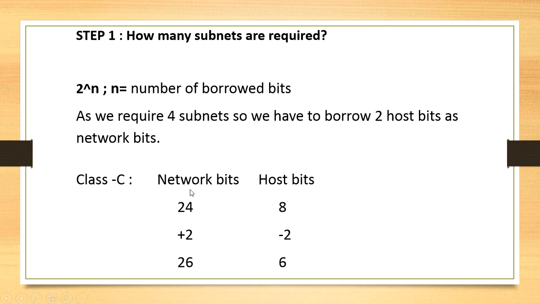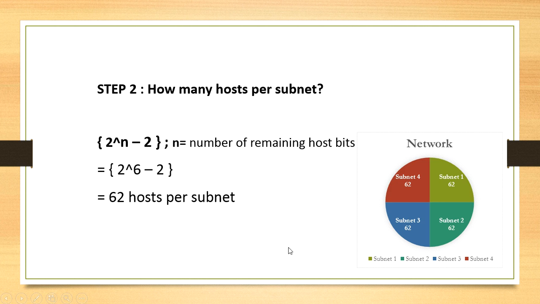The table says initially we had 24 bits as network and 8 bits as host. Now we borrowed 2 host bits as network bits. After that, the total number of network bits becomes 26 and the remaining number of host bits becomes 6.